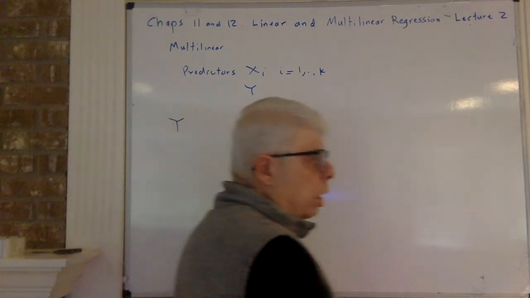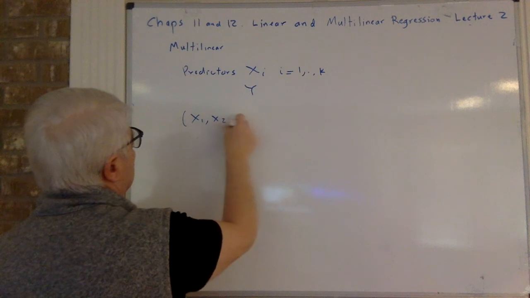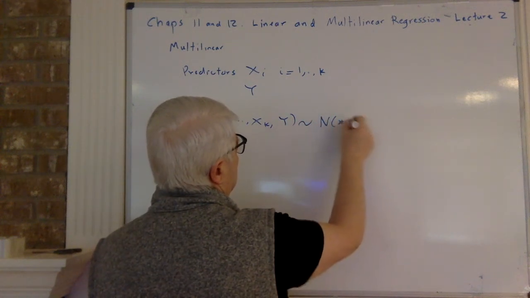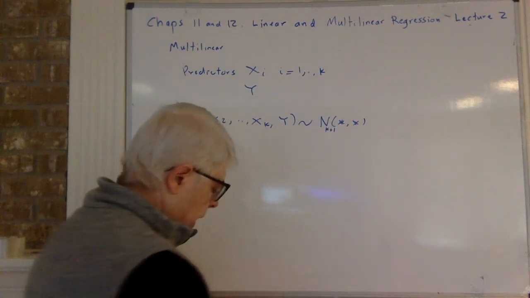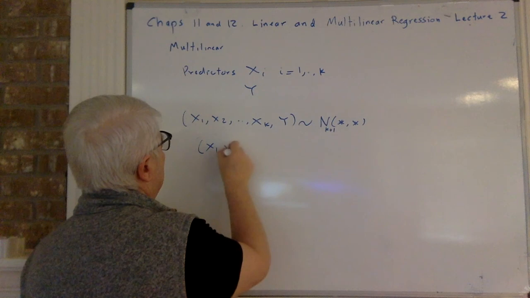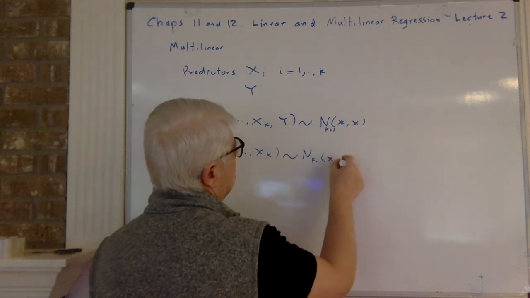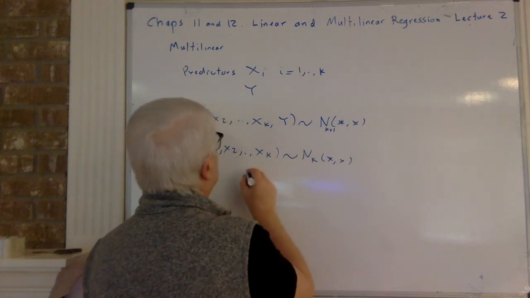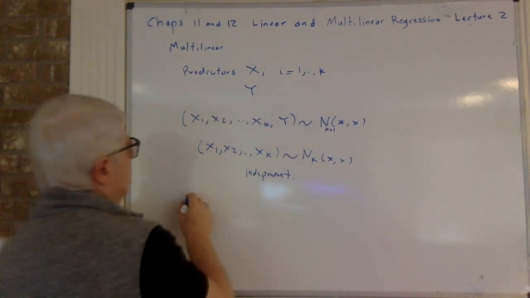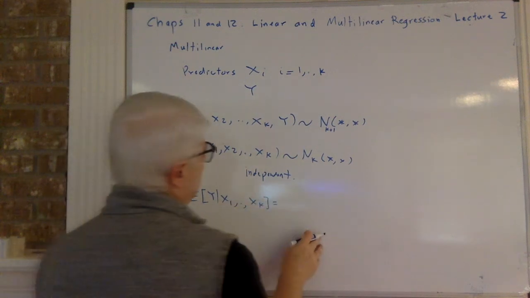The theory says that if y and the xi's, x1 through xk, that's k plus 1 variables, have a multivariate normal distribution, and if the xi's also have some normal distribution inherited from this, and if they are independent, then we can prove that E of y given the xi's, x1 through xk, in fact looks like this.